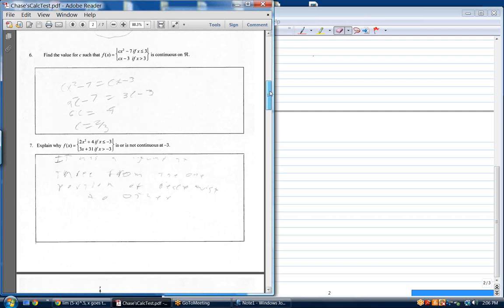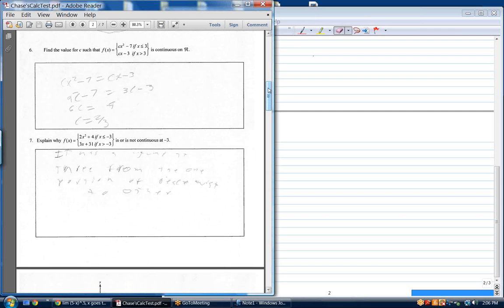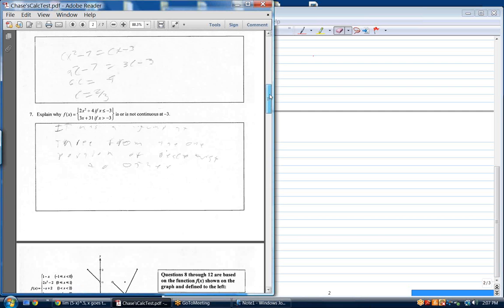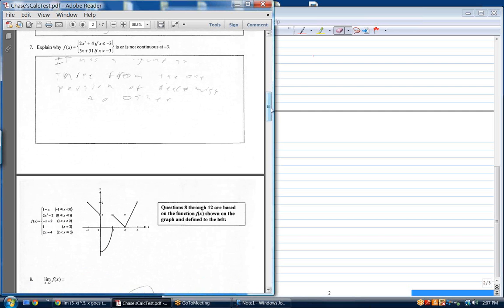And then 6 we did together. Setting that equal to that, and then filling in 3 for x and solving for c. I can't read your writing here, but the only thing we really need to do to prove that it is continuous at -3 is to see if both of those functions are equal to the same thing at -3.